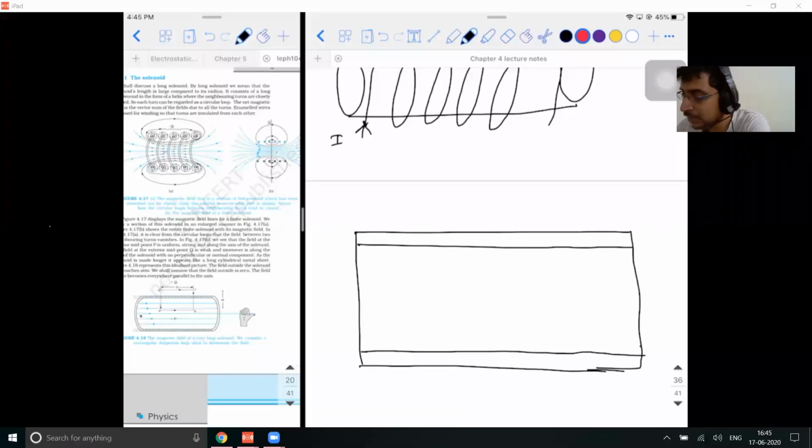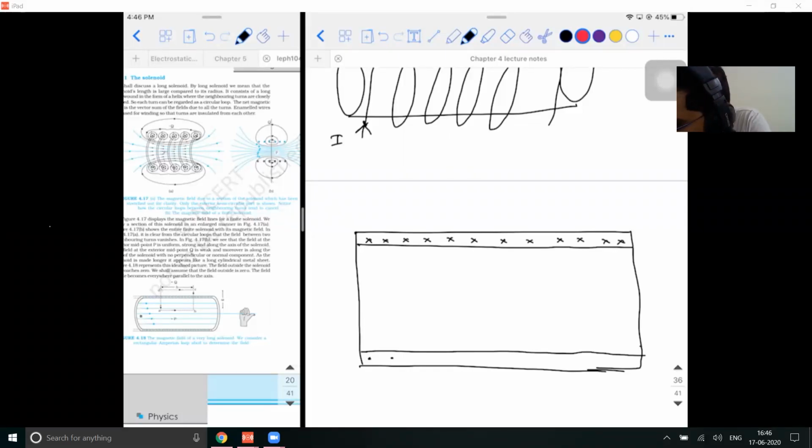Observe it clearly. So at the top, how is the current? Is it going into the plane or coming out of the plane? If I take the wire to be like this, is the current going away from me or coming towards me? Away from me, right? So I'm putting an into mark here. Here the into mark means it is not the direction of magnetic field, it is rather the direction of current.